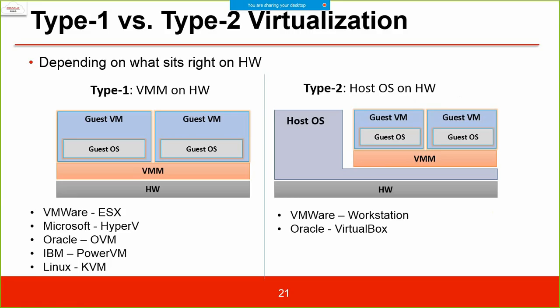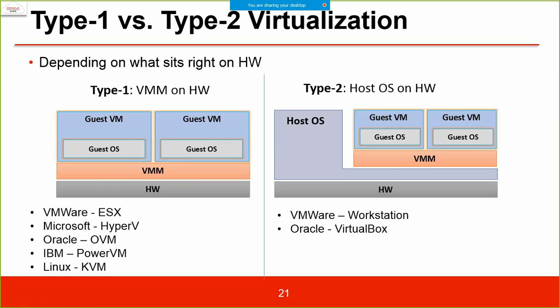Type 1 versus type 2 virtualization, depending on what sits right on the hardware. For example, in type 1, on top of the hardware you have the hypervisor or the virtual machine monitor. So on top of the hardware you install the hypervisor, and then on top of the hypervisor you install guest machines. Now obviously, don't ask me whether we require an operating system on the hardware first.